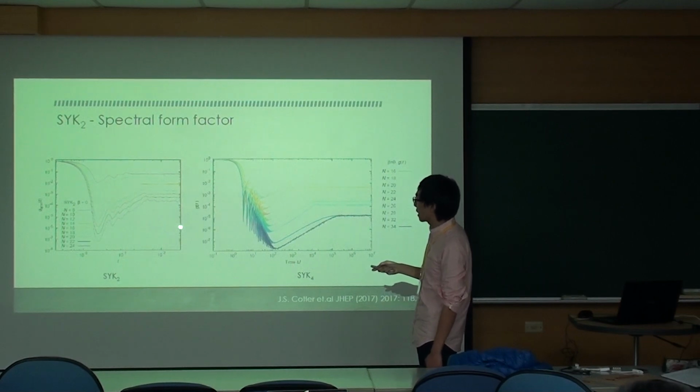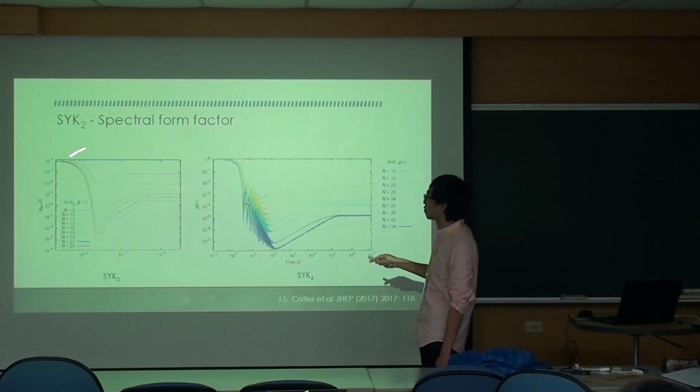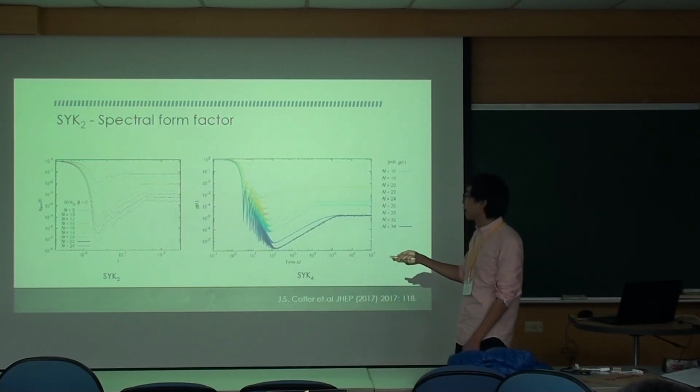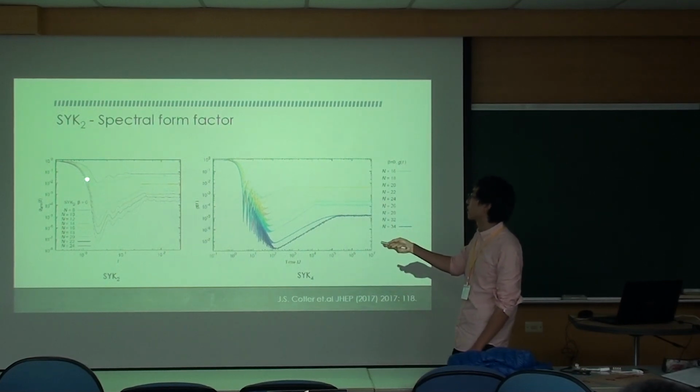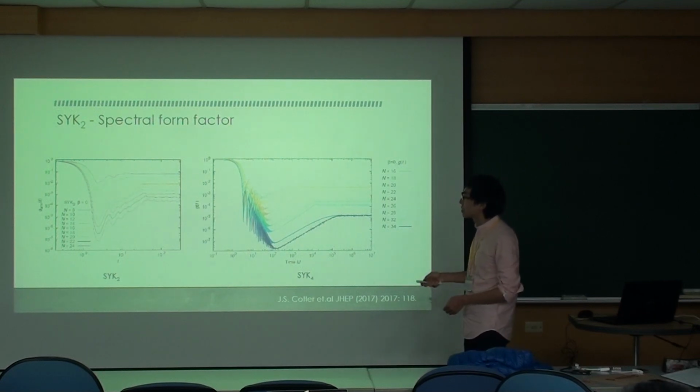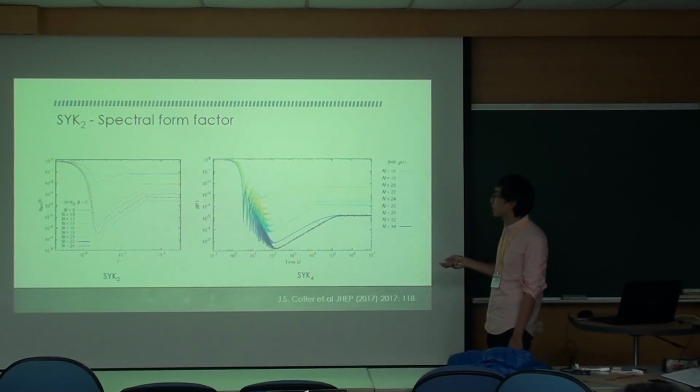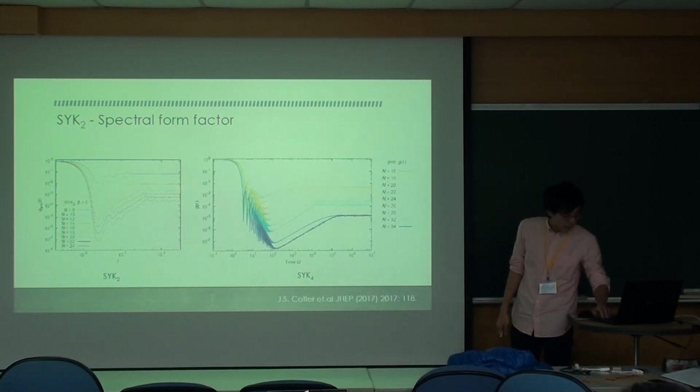So it's kind of confusing: for an integrable system, which is not supposed to be chaotic, the spectral form factor still gives exactly the same behavior. So either the spectral form factor is not a very good measure, or it's not the unique condition of a chaotic system, or there's something wrong with this SYK2.